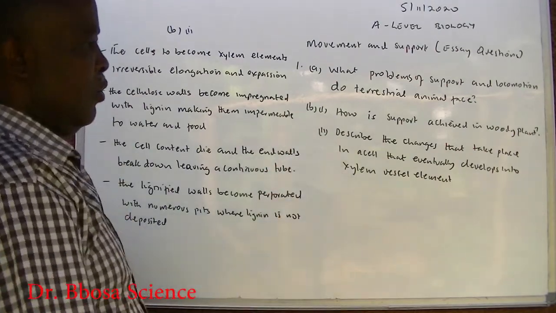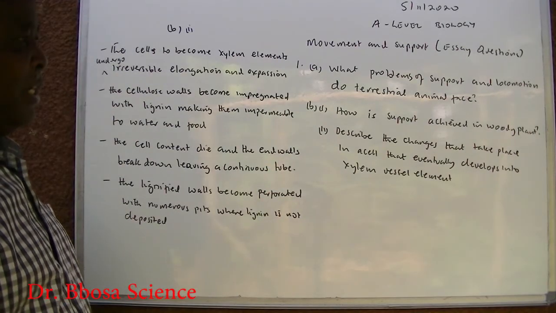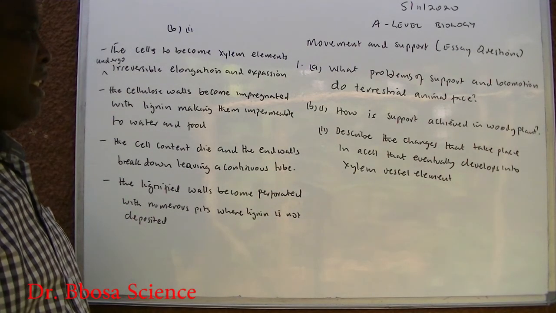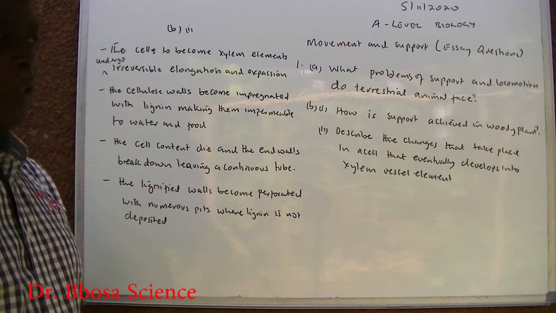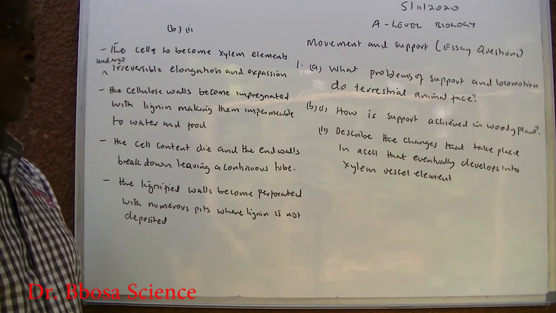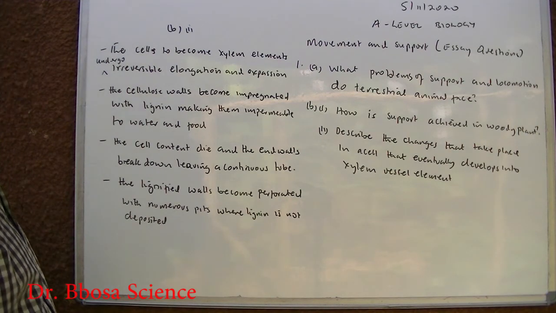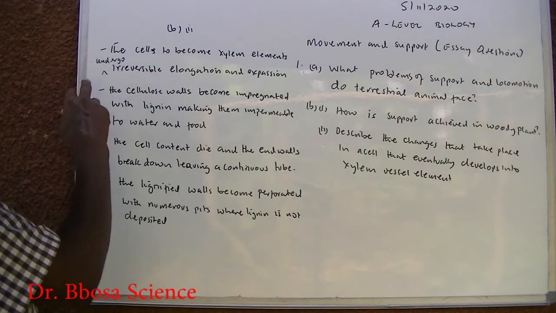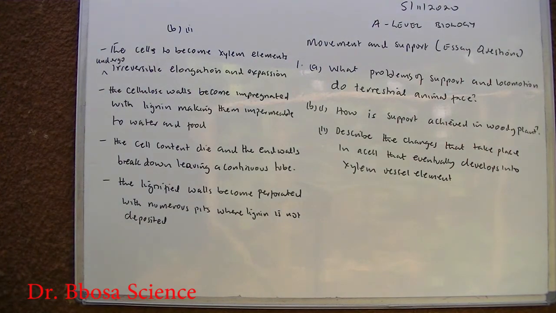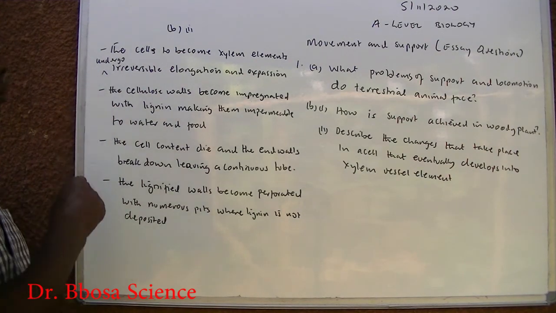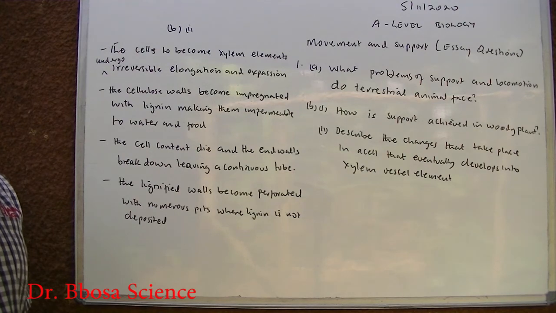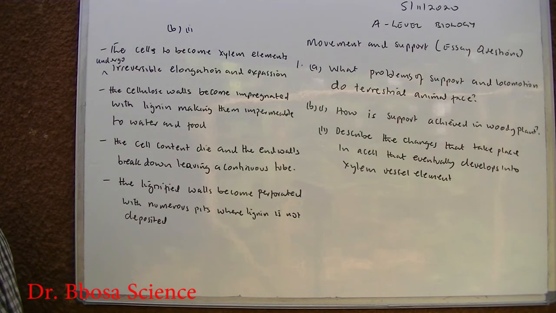1B, part 2. Describe the changes that take place in a cell that eventually develops into a xylem vessel element. The cells to become xylem elements undergo irreversible elongation and expansion.